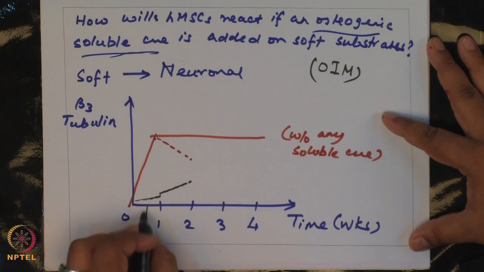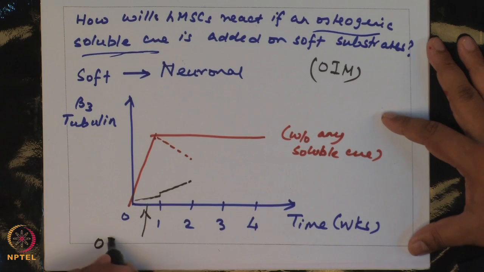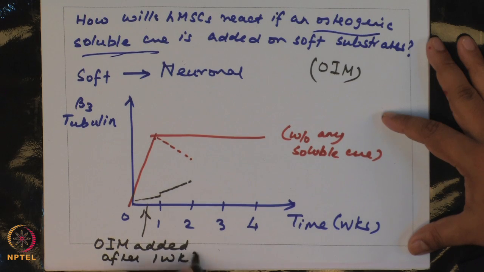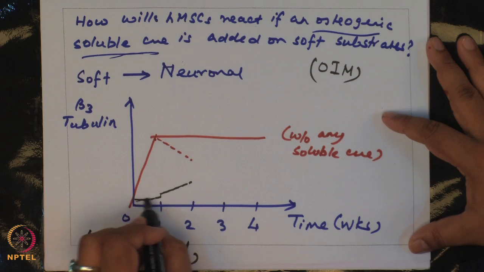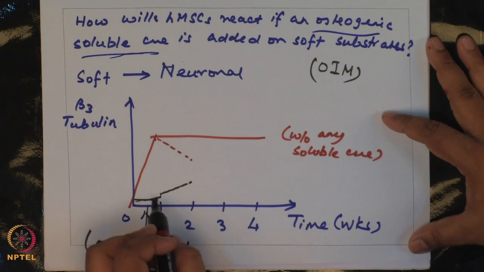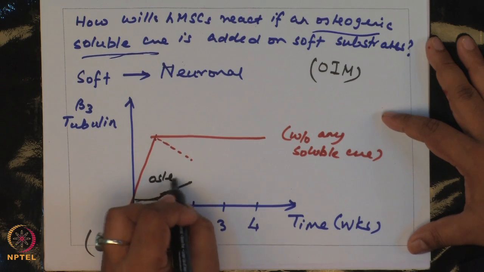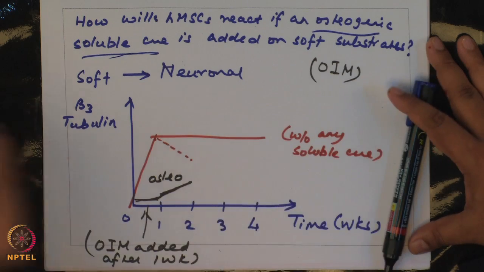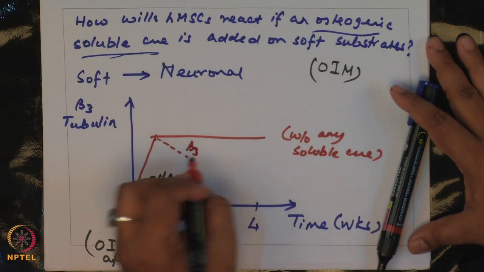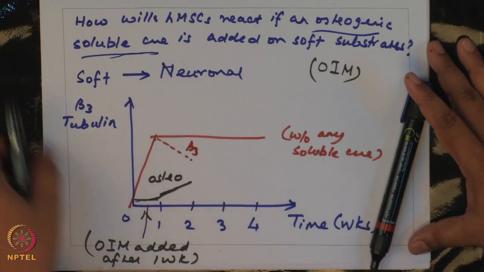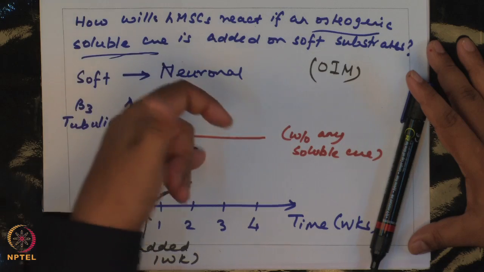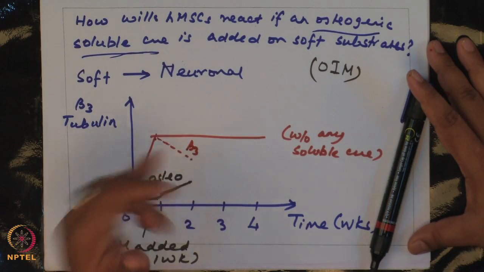So this case corresponds to OIM added after 1 week. This was baseline and you have an increase in OIM. This is an osteo signal, and your beta 3 tubulin keeps going down. There is a drop. So, a drop in neuronal marker, an increase in bone marker.